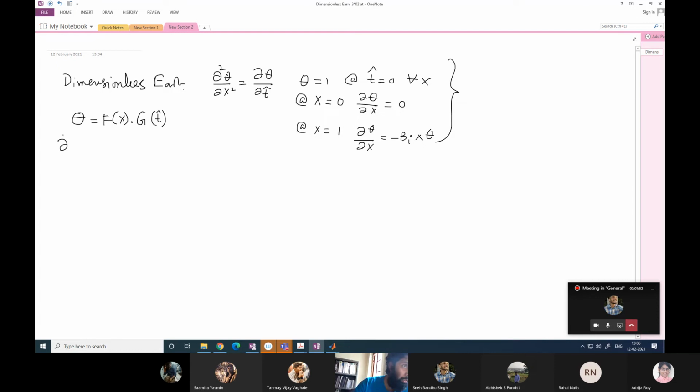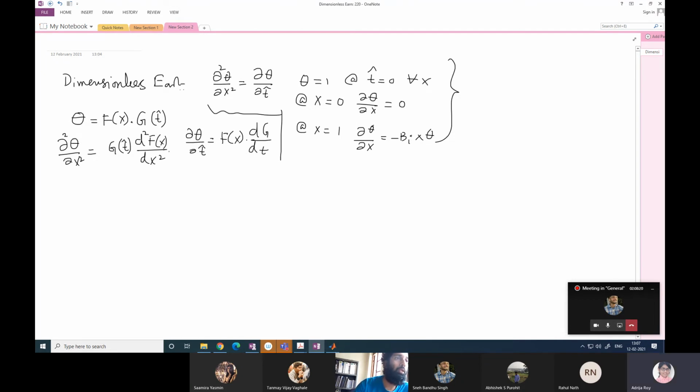We get del 2 theta del x2 equals g of t hat times d2 f dx2, and del theta del t hat equals f of x times dg dt hat.